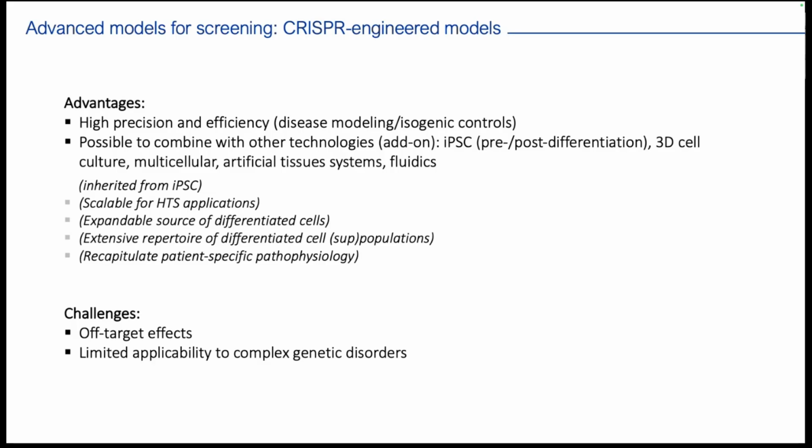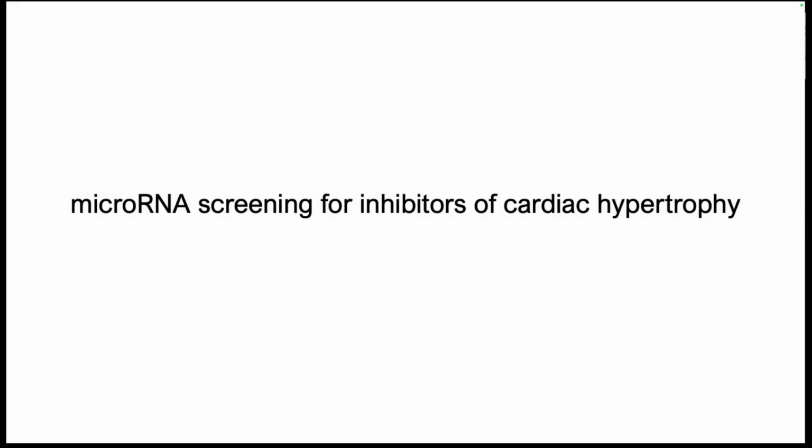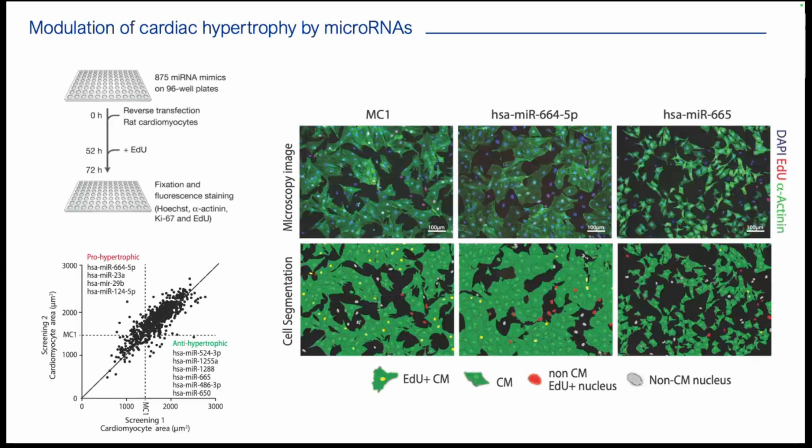Okay, so just to finish up, I'm going to show you 3 examples really quickly, not going into the science, but really on the screening, with microRNAs. In this example, what we did was to measure the size of the myocytes, looking at microRNAs that would increase or decrease the size of the cells.